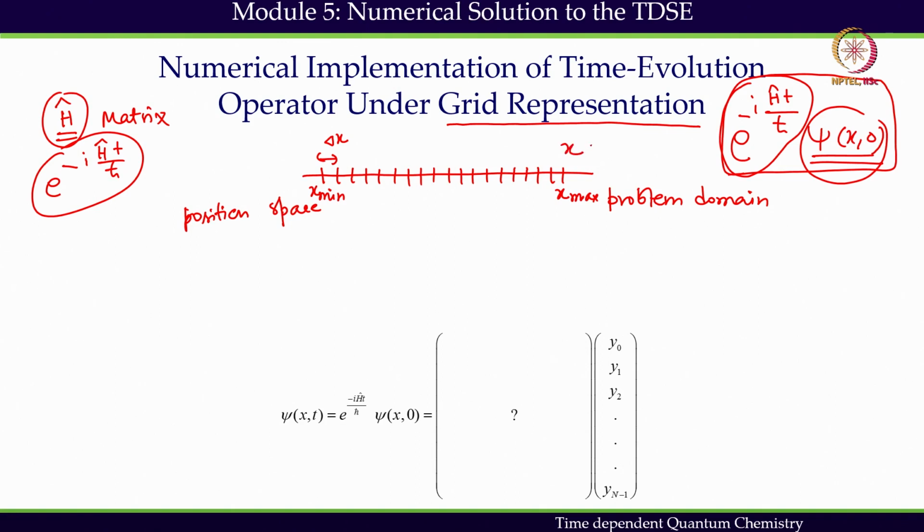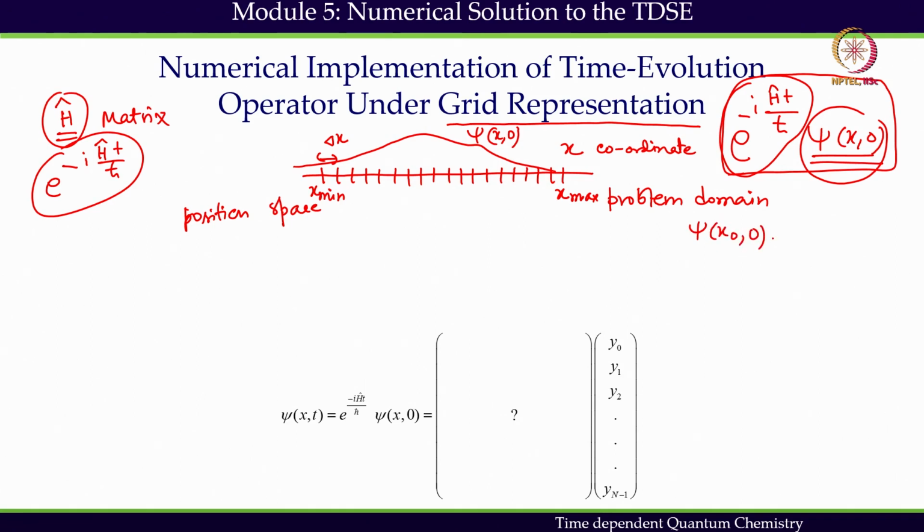Because the x coordinate here is the position space, we are dividing the entire x coordinate into very small intervals. If I have a wave function, let us say something like this, at t equals 0, then I will be able to write psi x 0.